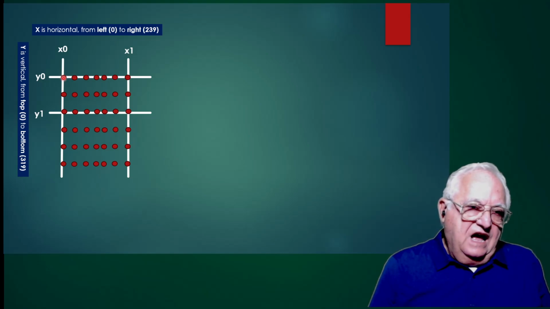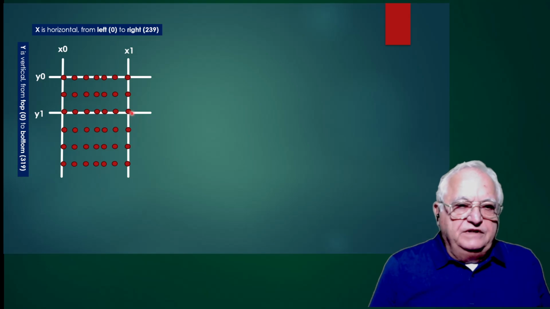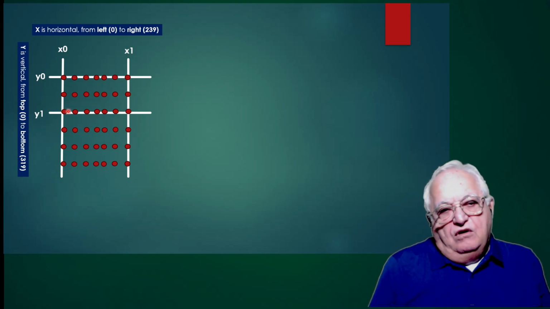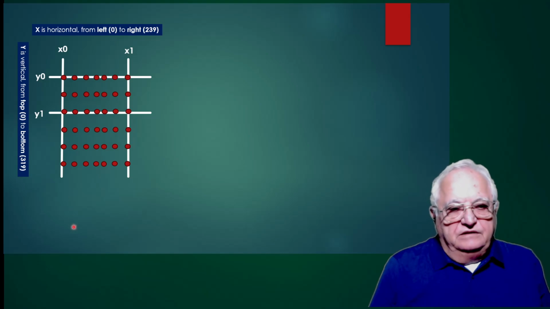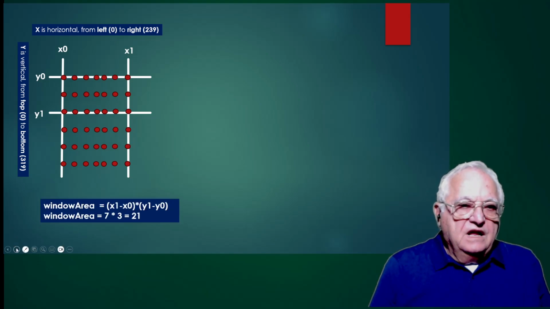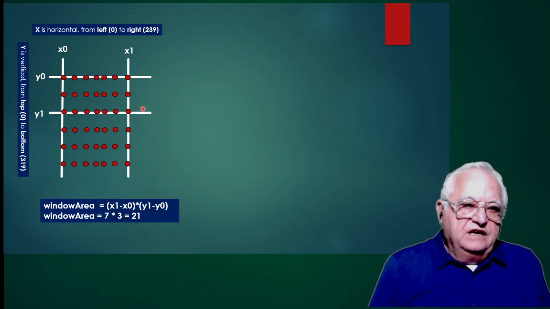And basically, I'm telling the display that I'm going to send you commands to turn on some of these pixels or all of the pixels. Now at this point, one of the pieces of information that I need is how many pixels are in this area that I've selected.